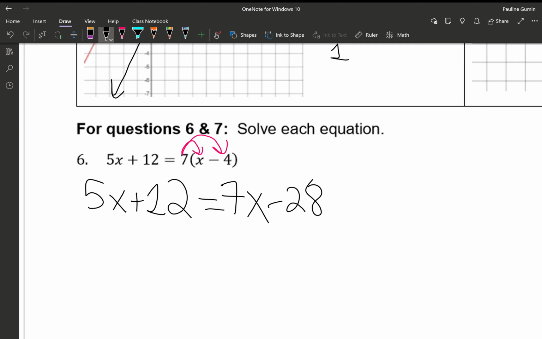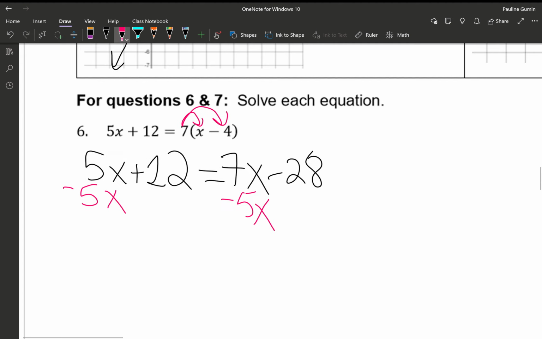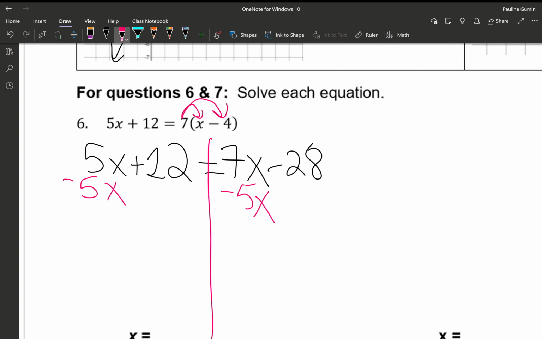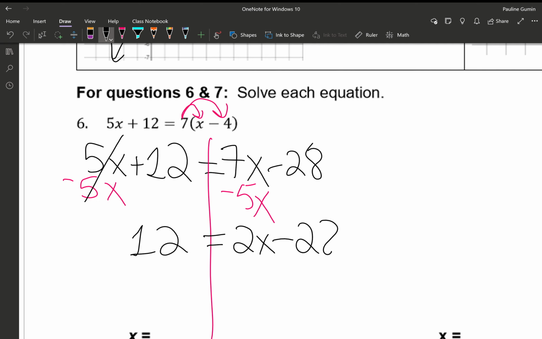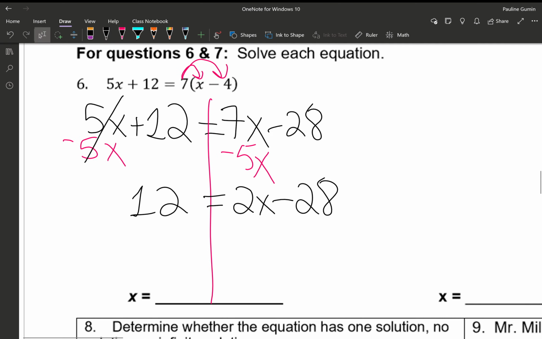Let's begin moving things around. I want my x's on the same side and my regular numbers on the same side. I'm going to begin by moving my 5x over to the other side. And what I mean by other side is other side of the equal sign. Okay. They cancel here, and we have 12 left over equals 7x's minus 5x's gives us 2x's, and the minus 28 is left over.